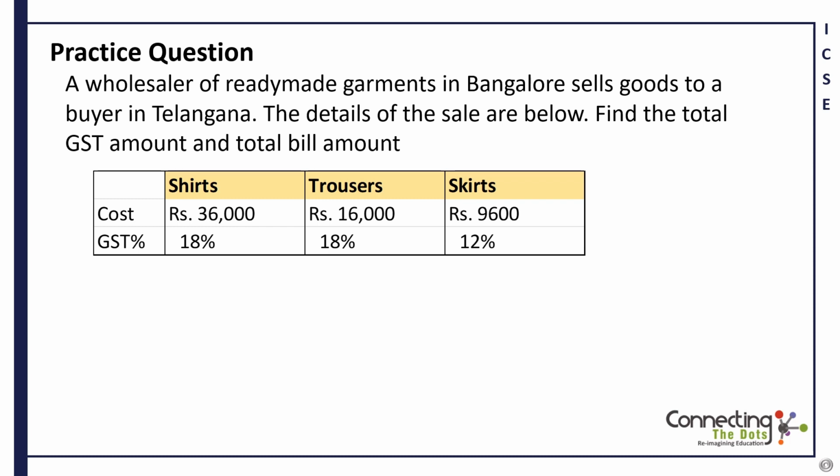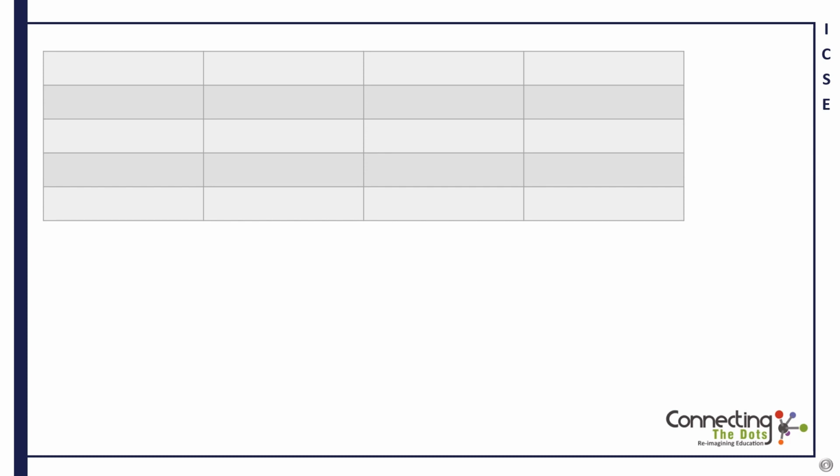So how do we calculate the total GST amount? We can create a similar table of shirts, trousers, and skirts, and the cost of the selling price of the shirts is 36,000.